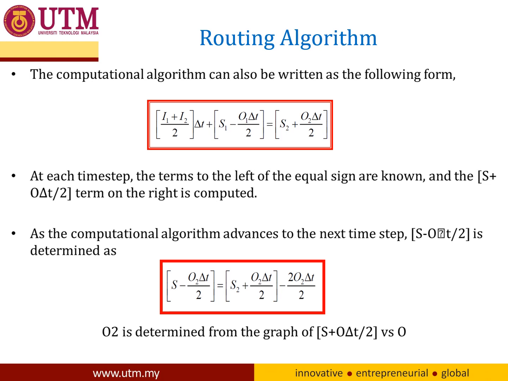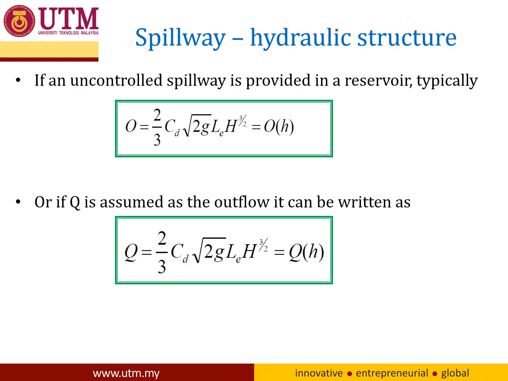What does this slide mean? This is what I told you about the hydraulic structure, the type of hydraulic structure for the flow to go out from the reservoir. So this relates the outflow and the storage, and it depends on the hydraulic structure. Remember the storage outflow relationship, the green box before.